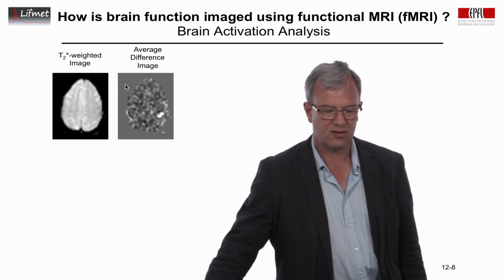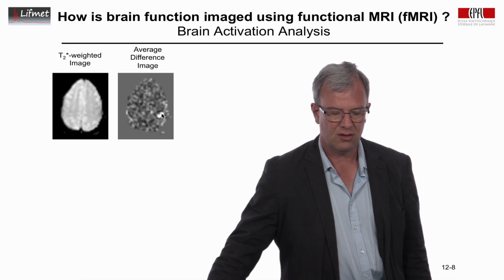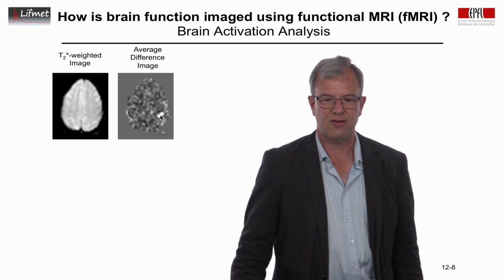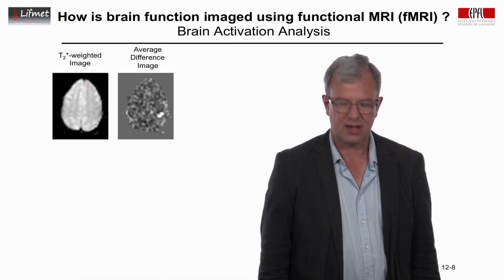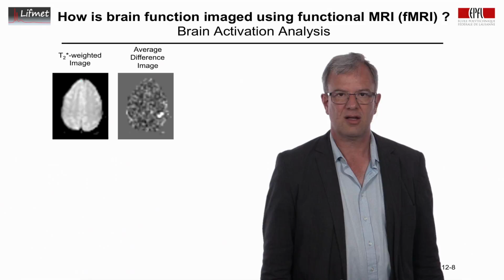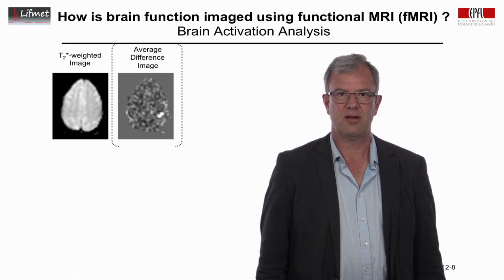Fairly noisy. Outside here there is no noise because it's been zeroed. And here we see an area that is fairly bright. This was in the early days how people looked at brain activation to convince the critics that indeed one can see brain activation, but this is no longer the way this is being done.